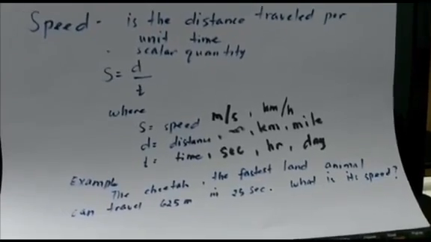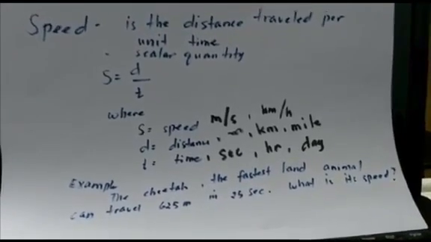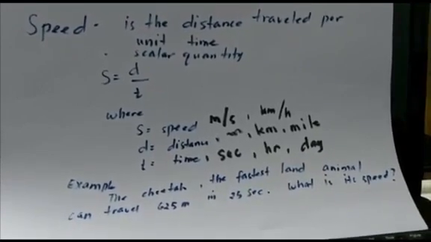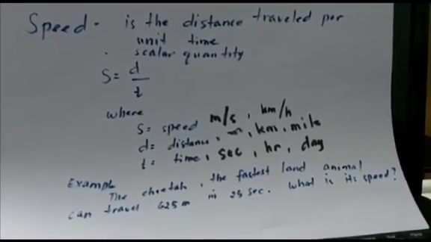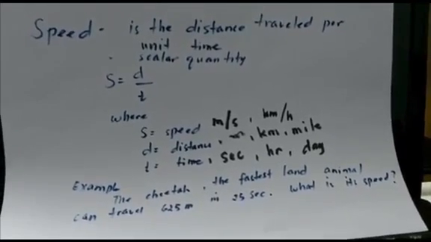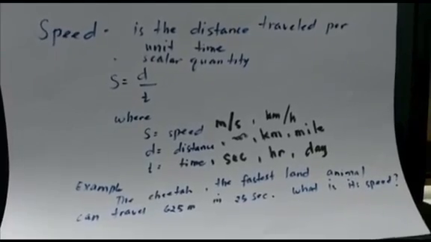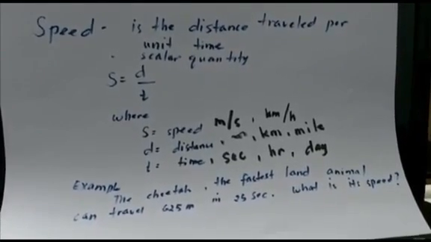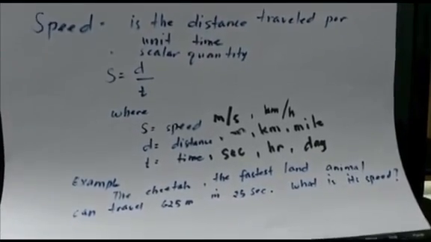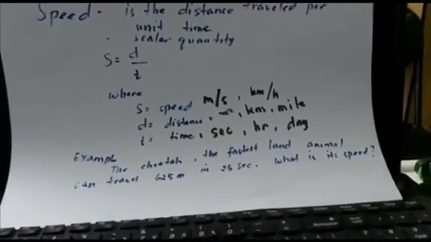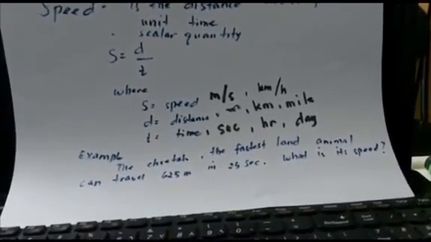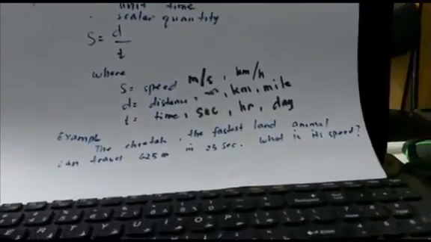If you use distance as meters and time as seconds, then you have speed in meters per second. For larger units, if your distance is in kilometers and your time is in hours, then your speed is in kilometers per hour.